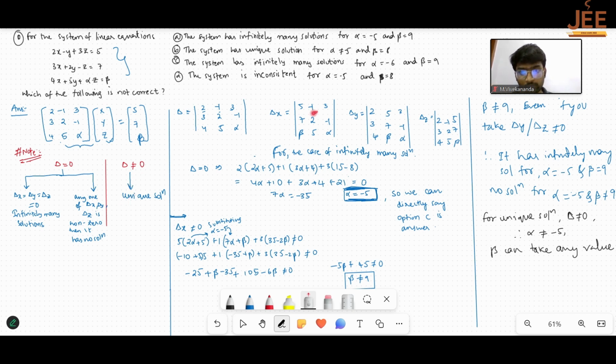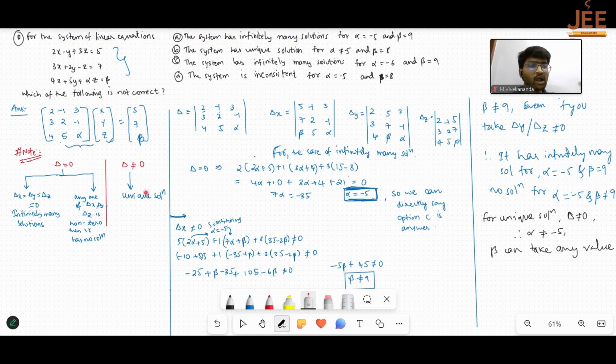Before checking this, let's see what delta x is. Delta x is obtained if we substitute the constants column, that is 5, 7, beta, in place of the x coefficient column. If we substitute in place of y, we call it delta y, and if we substitute in place of z, we call it delta z.